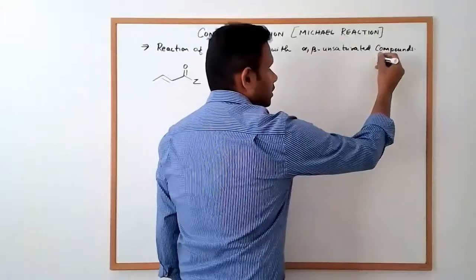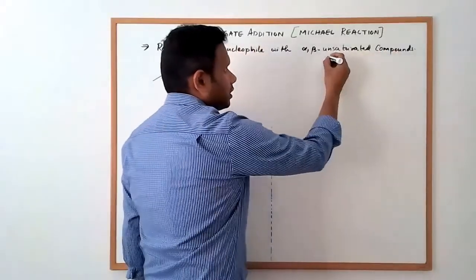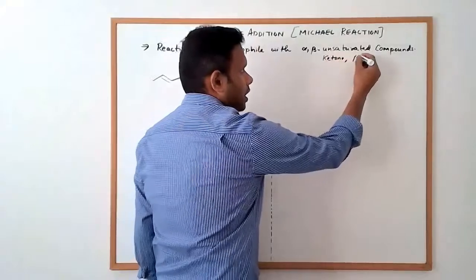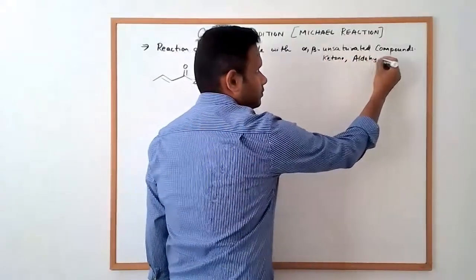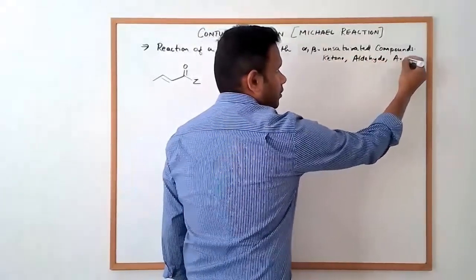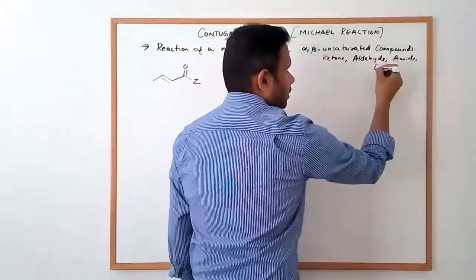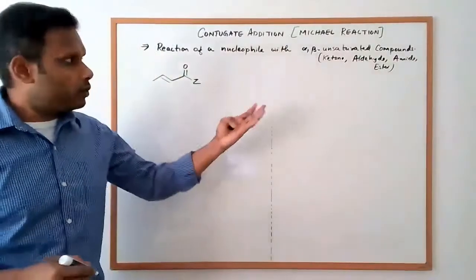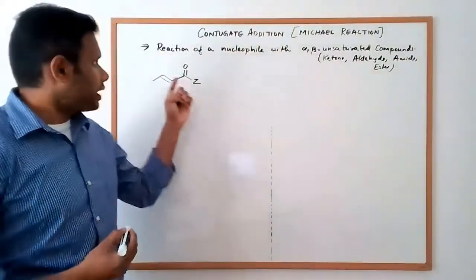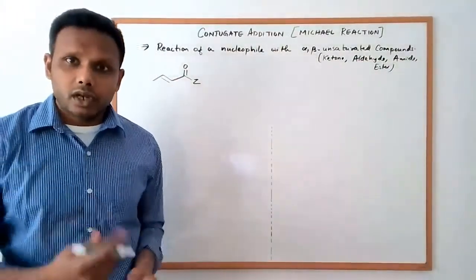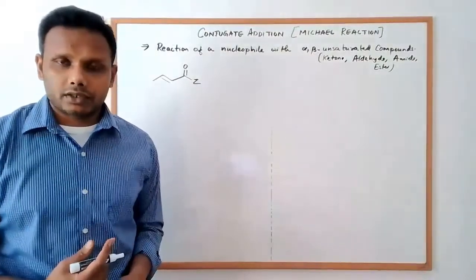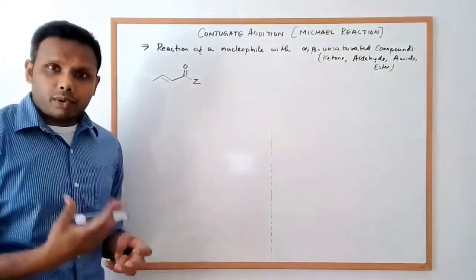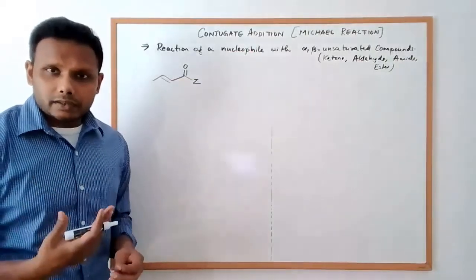And again, like I said, think about alpha beta unsaturated ketone, aldehyde, amide, ester. Any of those classes of compounds, when they have an alpha beta unsaturation, would participate in this reaction.